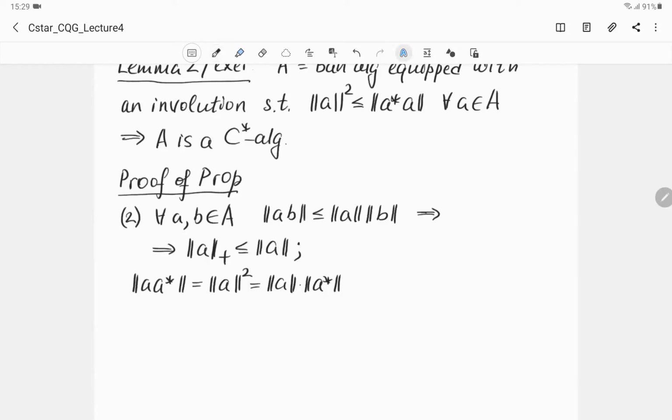In other words, the above inequality is an equality in this case. So this implies that the new norm of A equals the old norm. Okay, so this proves the second part of our proposition.